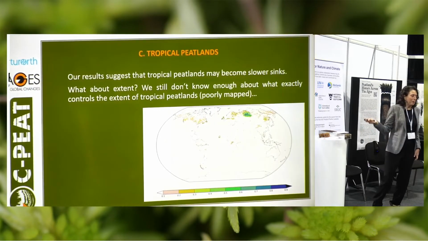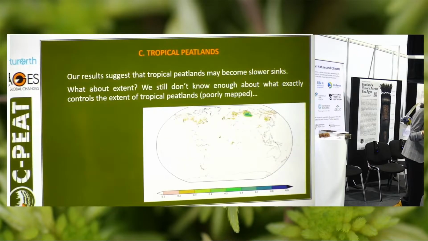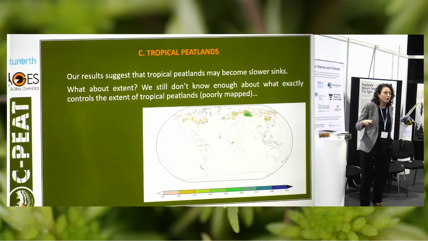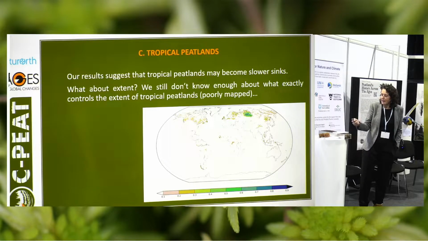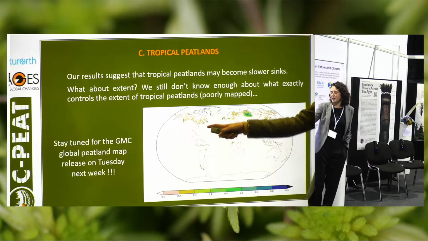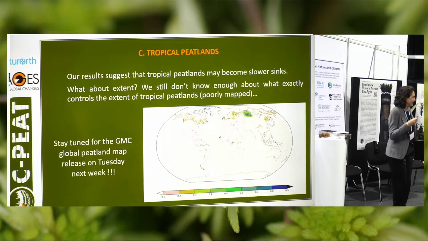And then in tropical peatlands, I didn't know what to say about tropical peatlands because we know very little about them. We know very little about tropical extent even. There are some mapping efforts. I put here, stay tuned for the GMC Global Peatland Map release on Tuesday.